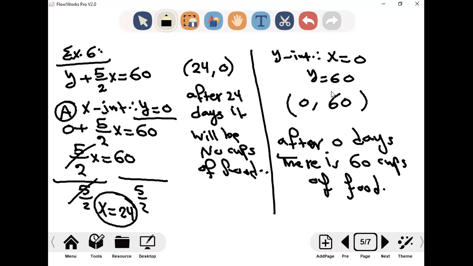We will make the second one: put y equals 60, and write the steps, how we get 60.